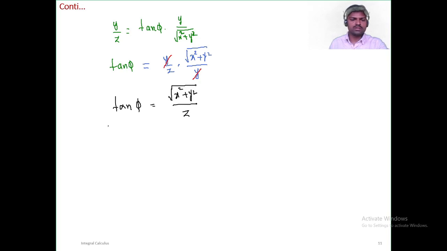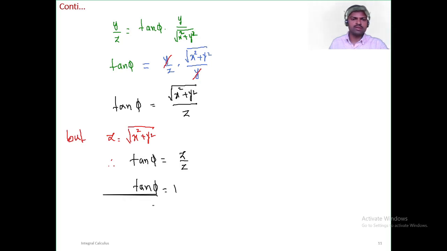But what is given to us? z is equal to the square root of x square plus y square. This is a cone equation. So the square root of x square plus y square is z. Therefore tan phi is equal to z by z, how much? 1. So tan phi is 1.